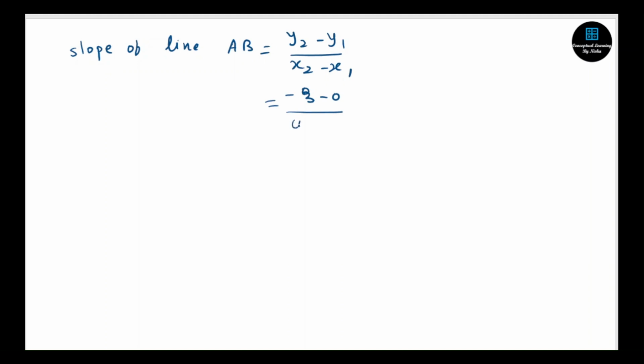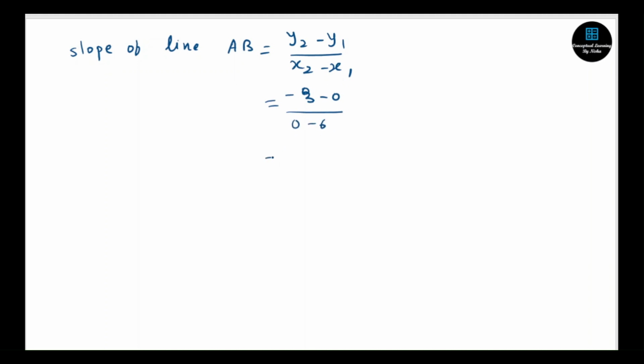So what do we have to do? First of all, yes, we have to find the slope of AB. So the slope of line AB is nothing but y2 minus y1 upon x2 minus x1. On putting these values, we'll get minus 3 minus 0 upon 0 minus 6.